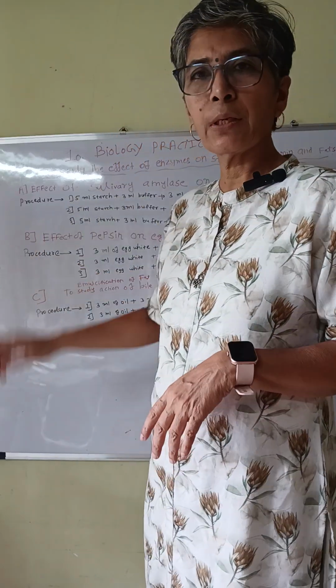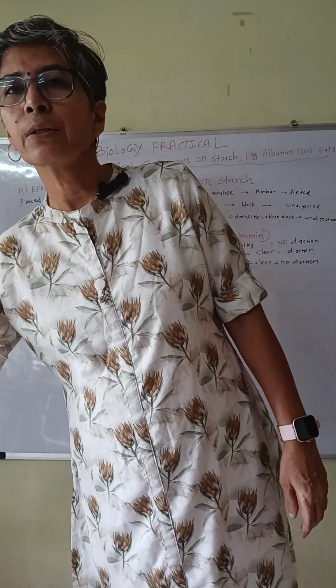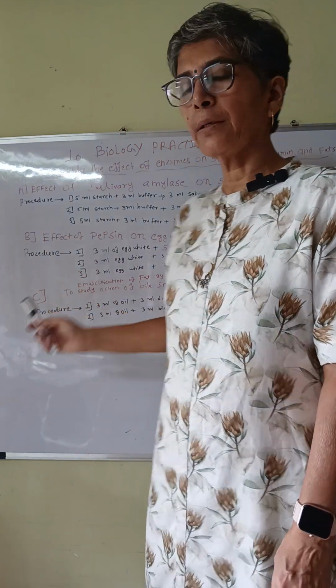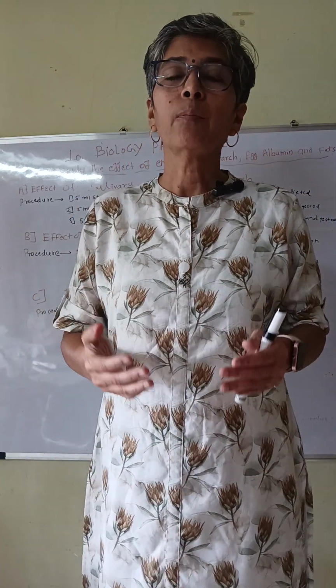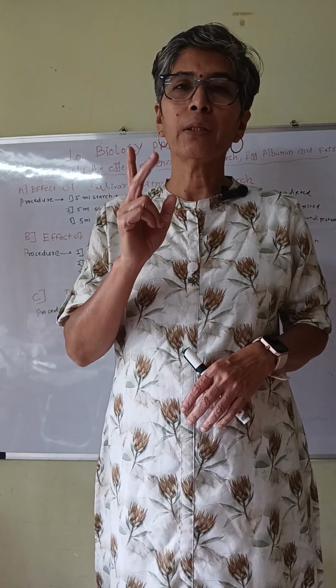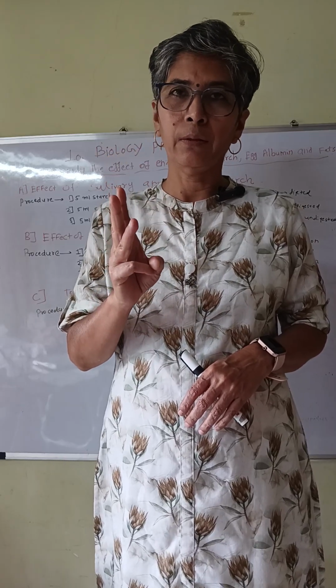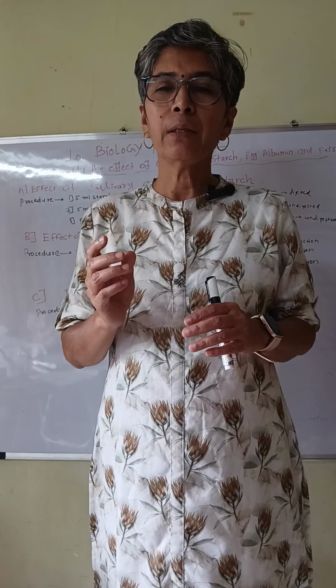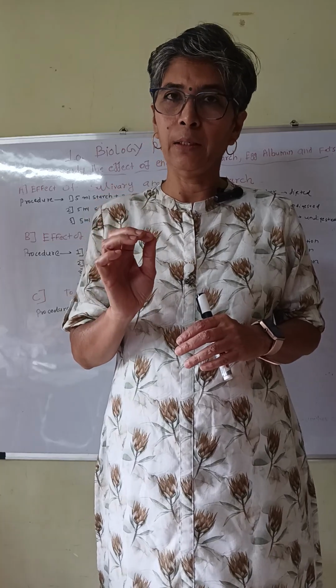After this we take the procedure. In the procedure, create a setup of three test tubes, test tube 1, test tube 2 and test tube 3. Label them 1, 2 and 3.